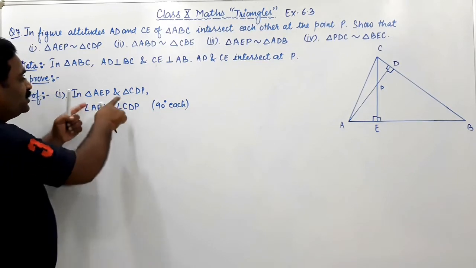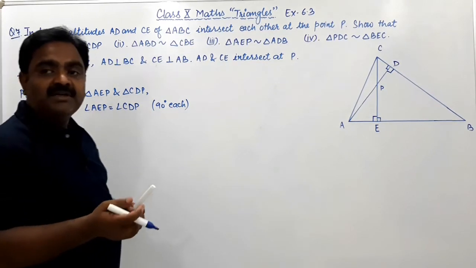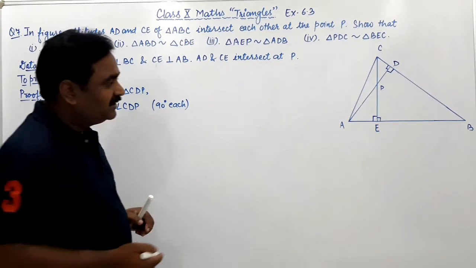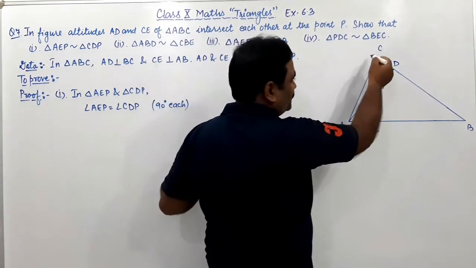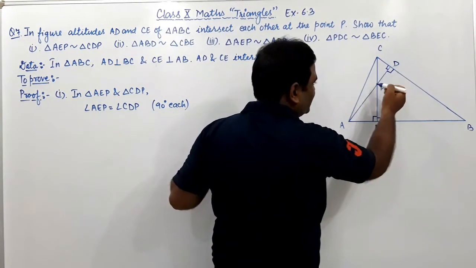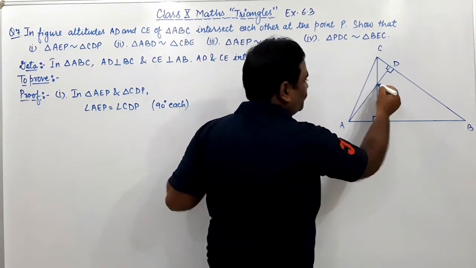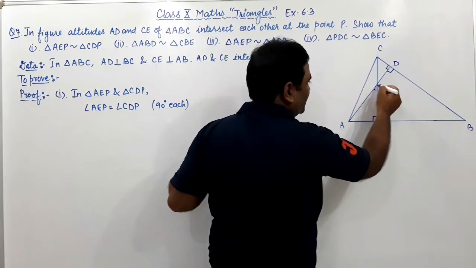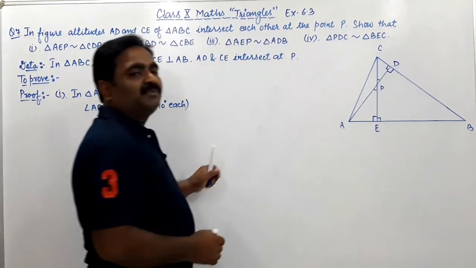Now in these two triangles you just see if any other angles are equal. You can observe that CE is intersecting AD at point P, so these angles are vertically opposite angles.